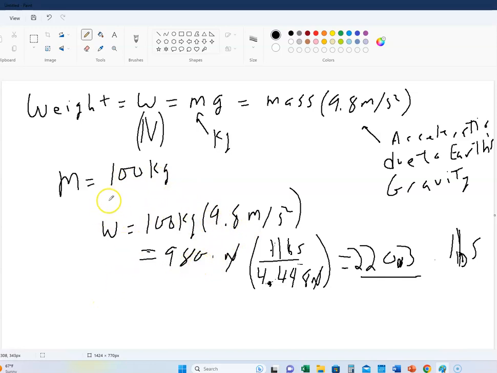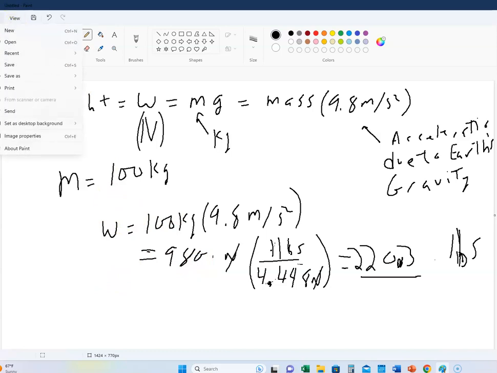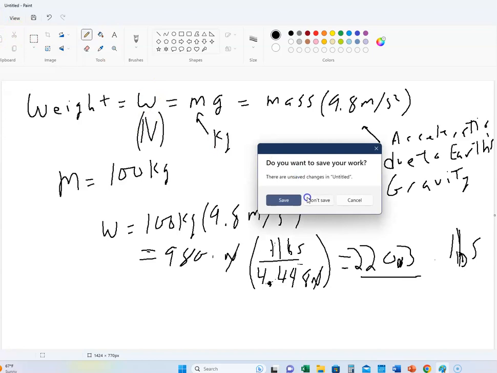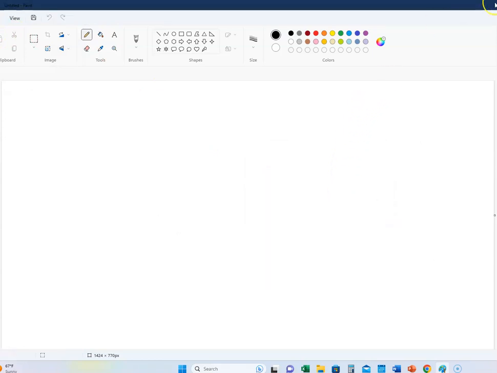All right, so the idea of pressure. P is pressure. It's the force, which in the case of something just sitting on the ground is the weight, divided by the area.